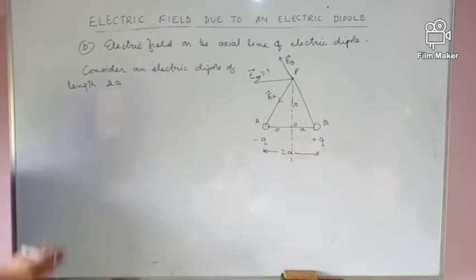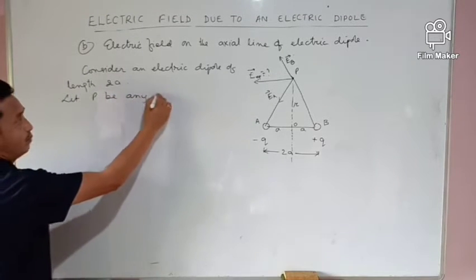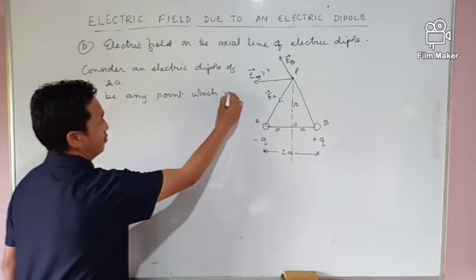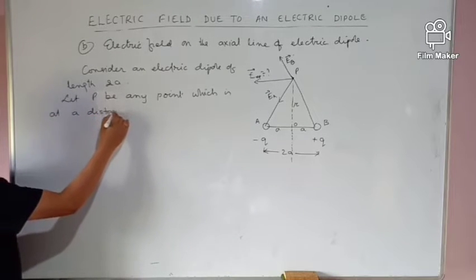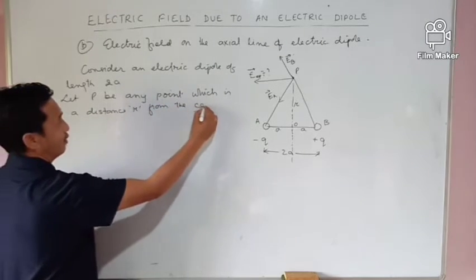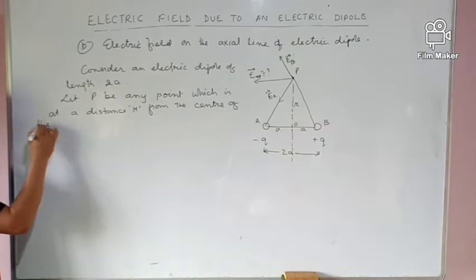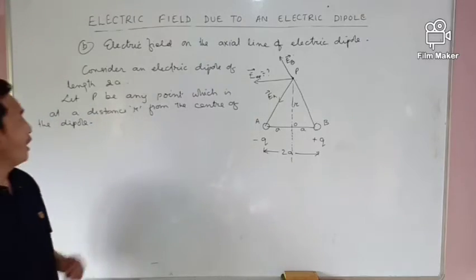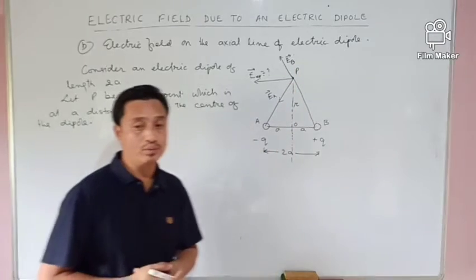Okay, now let P be any point which is at a distance r from the center of the dipole. Let P be any point which is at a distance r from the center of the dipole.